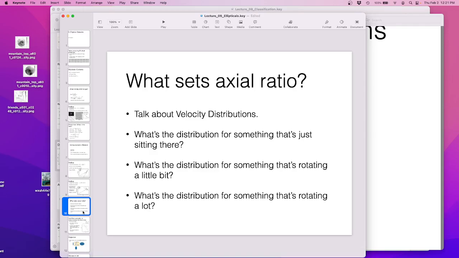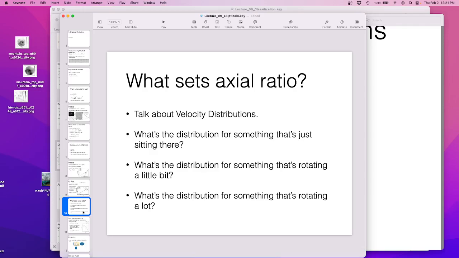So let's talk for a second and look at these questions. What's the distribution for something that's just sitting there? Let's think about this in two dimensions. So I've got a Vx and a Vz.